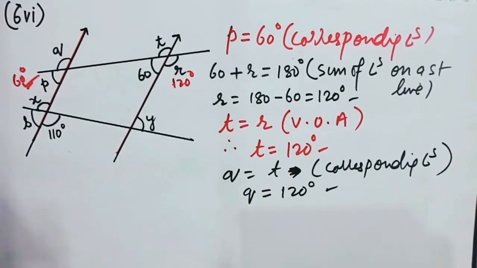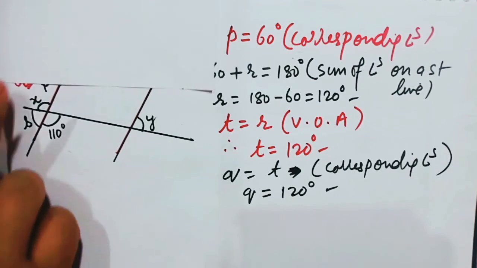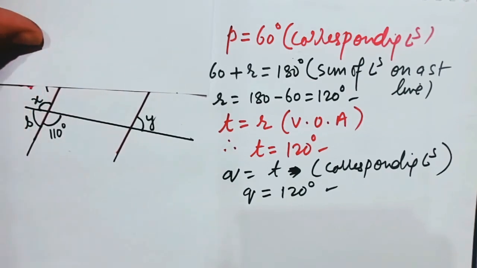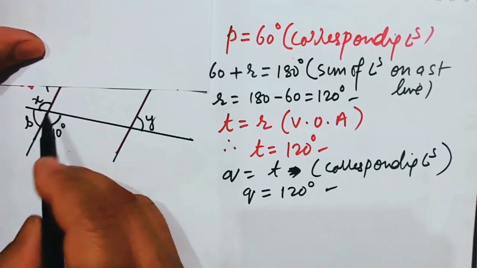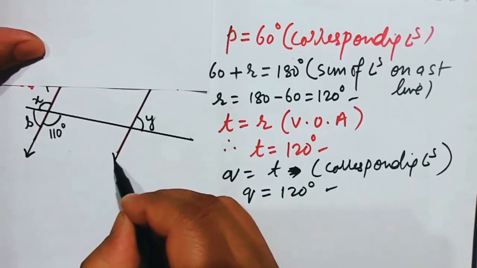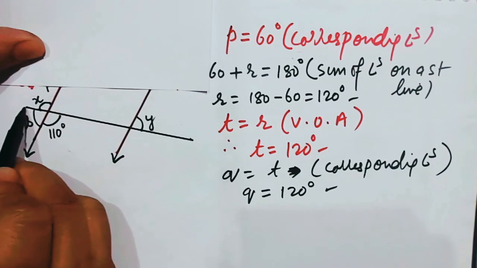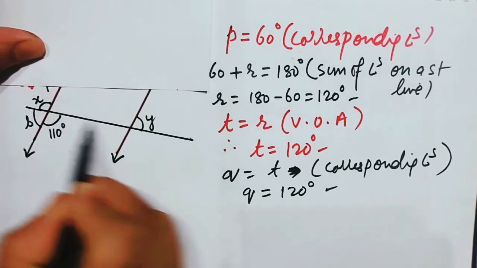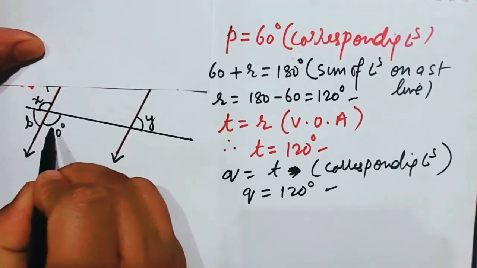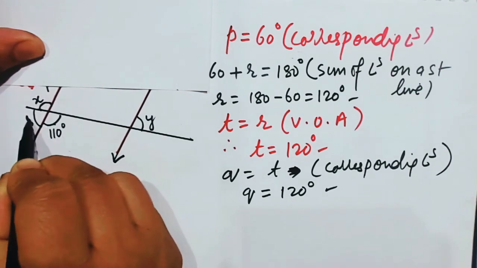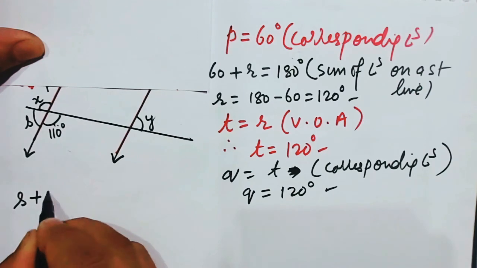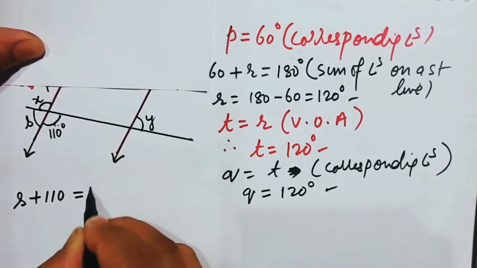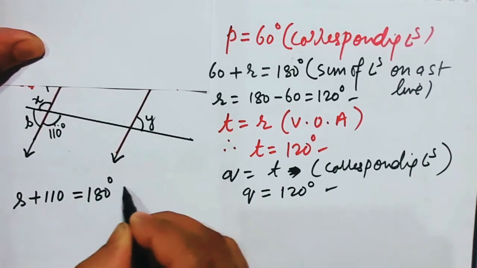I hope this part was clear. As I said, we are going to look only at one of the transversals. Here also, I would consider that these two lines are parallel and this is the transversal cutting them. They have given you one of the angles as 110, therefore S plus 110 is equal to 180 degree.